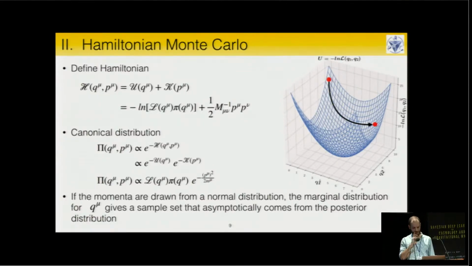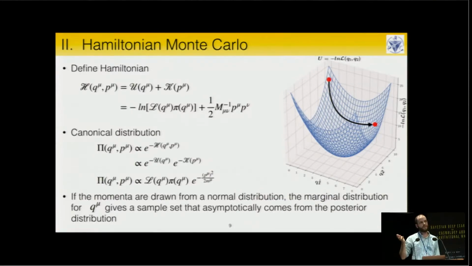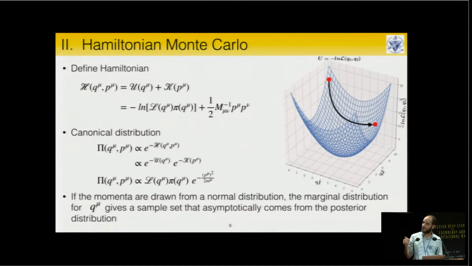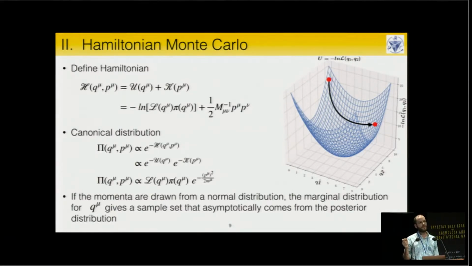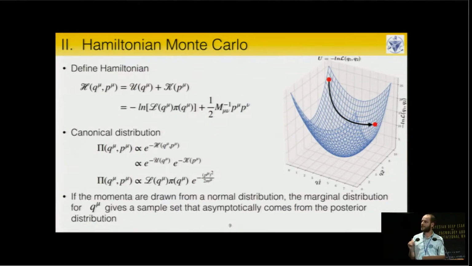Here, as it goes, you build your Hamiltonian with a potential energy that you construct by inverting your log posterior. So you really treat the problem as a sort of gravitational problem. And then for the kinetic energy, you introduce fictitious momenta together with a wisely chosen mass matrix that I'm not going to go into details on.